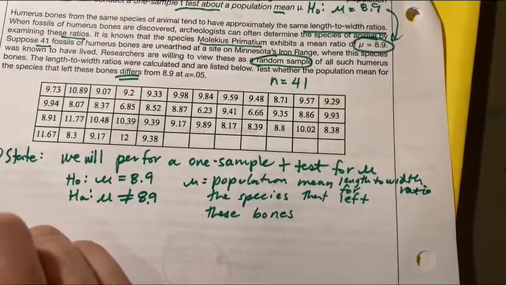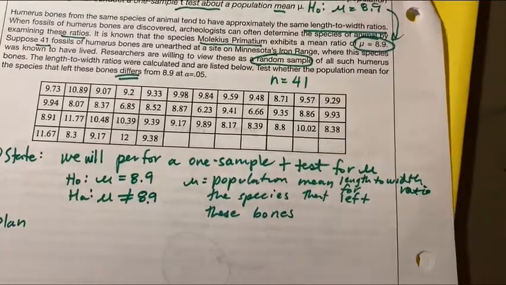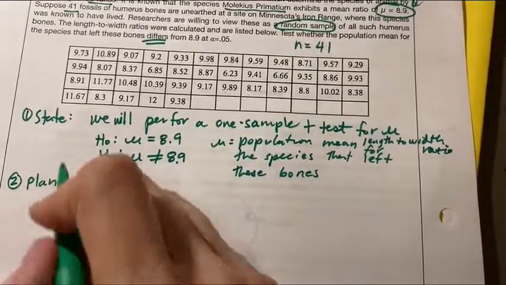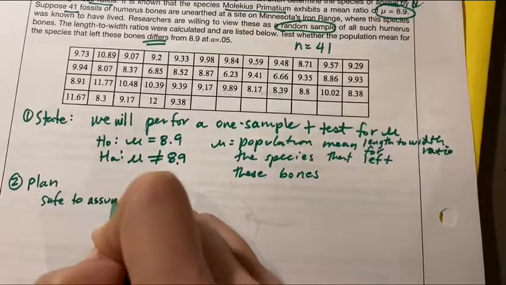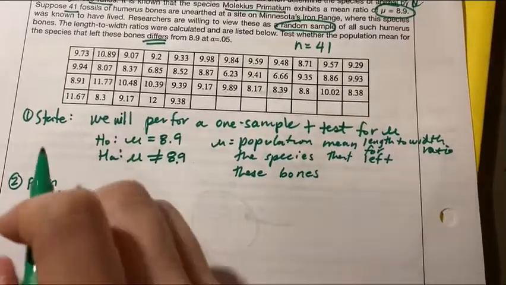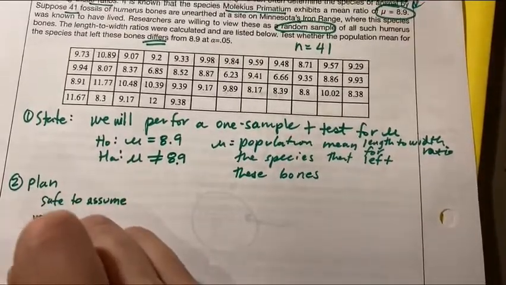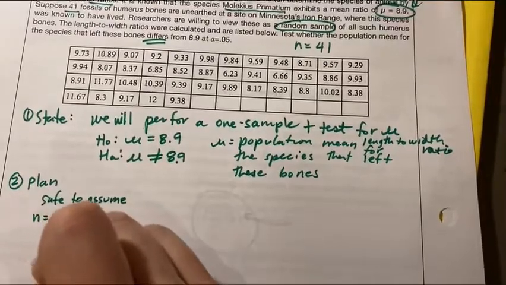So let's get to our plan. What am I planning? Hopefully it's safe to assume n equals 41.